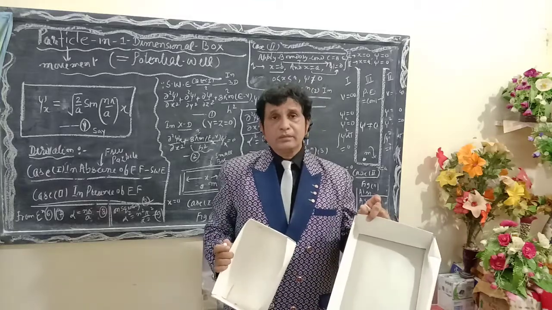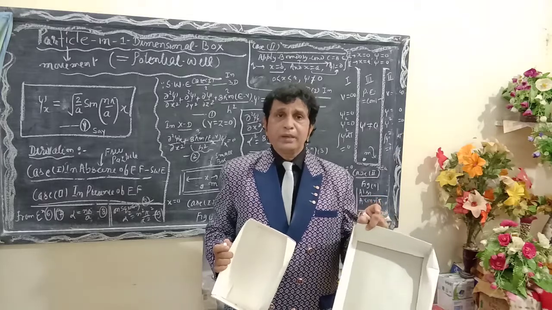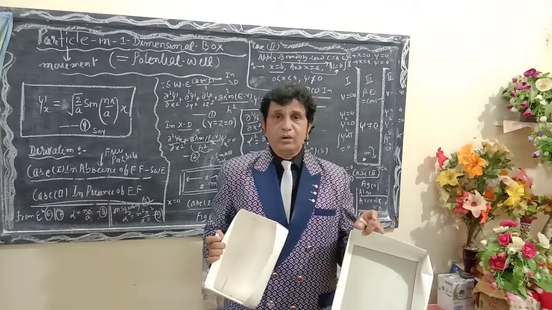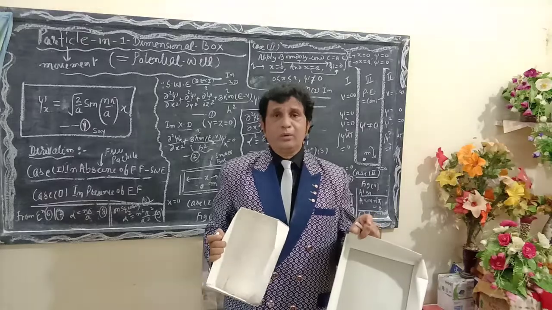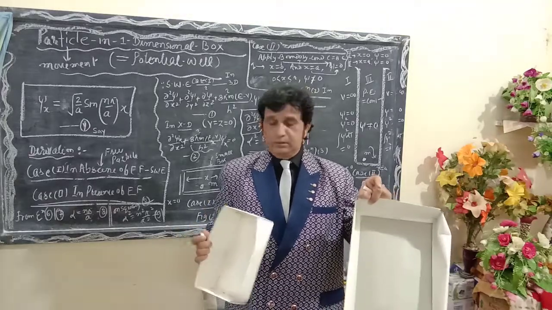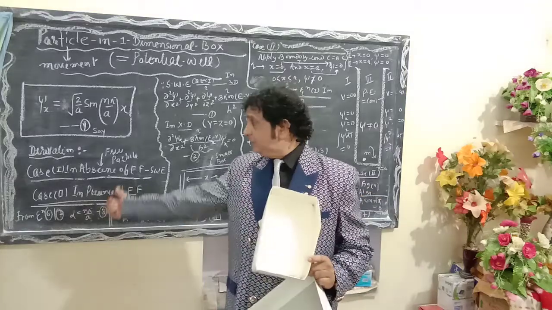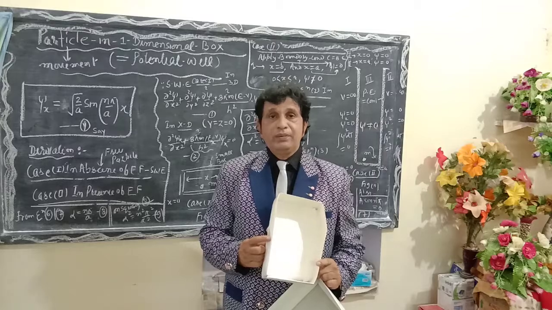The larger box is modified and named a potential well. So you need not be confused about the small box and big box. They show the cases, the first being in absence of electric field.